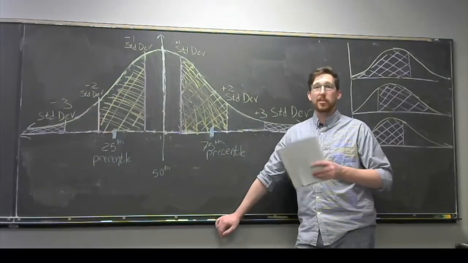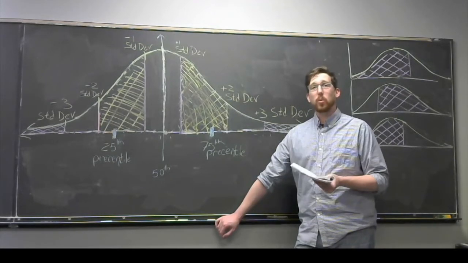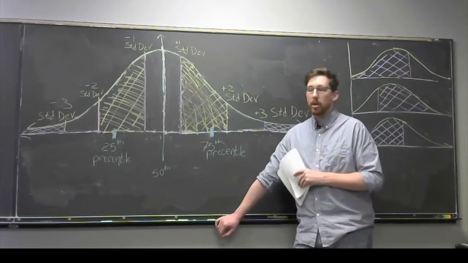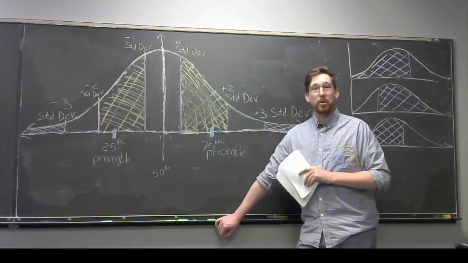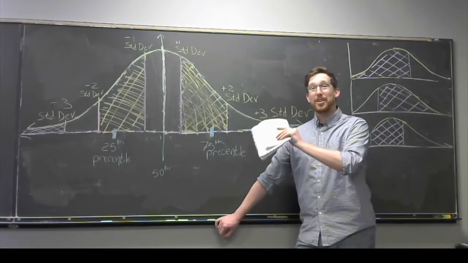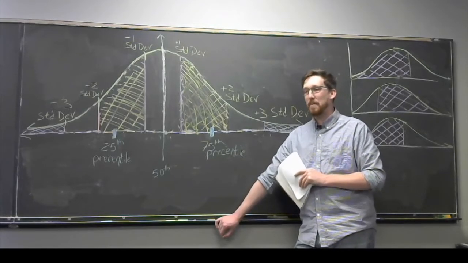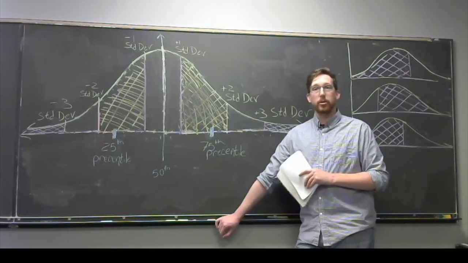At this point, it's only natural to wonder, is there a relationship between the z-score and percentiles? And yes, there is, absolutely. Conveniently, there's a table for it in your book. I'm not going to draw it on the board because there are like 80 some odd values in that table. But there is an immediate relationship between the two.